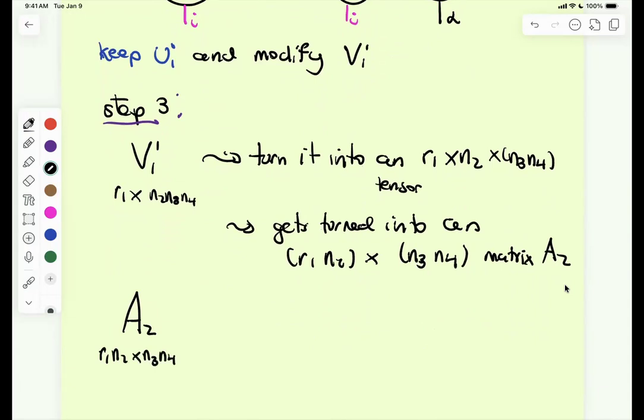Then what happens when we do the truncated SVD? It gives you U2 prime times V2 prime. What is the size of U2? It would be R1 and 2 times R2, where R2 is now the rank of this matrix, and V2 prime would be R2 times N3 and 4.